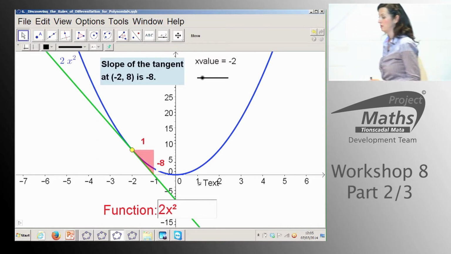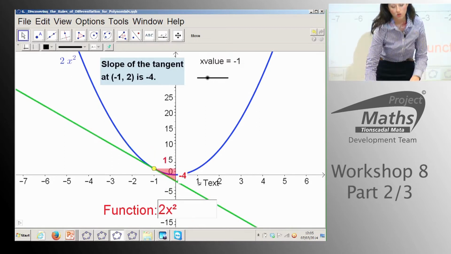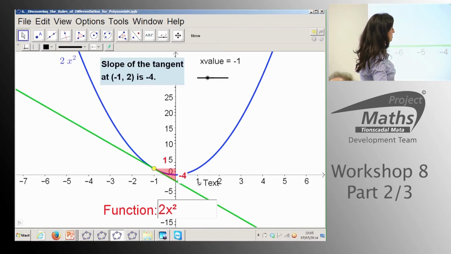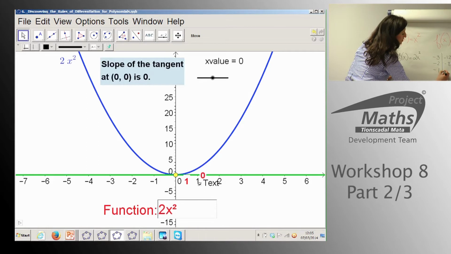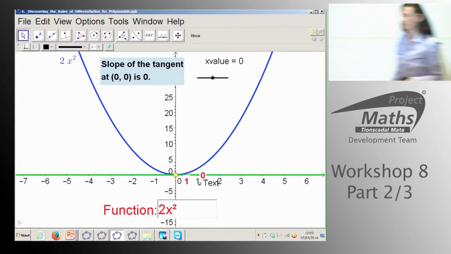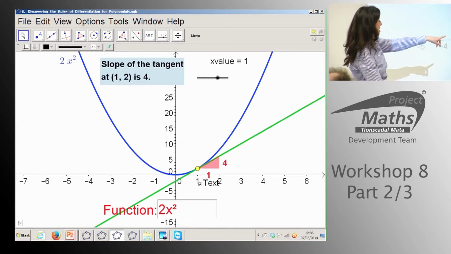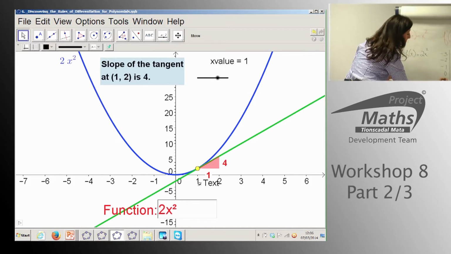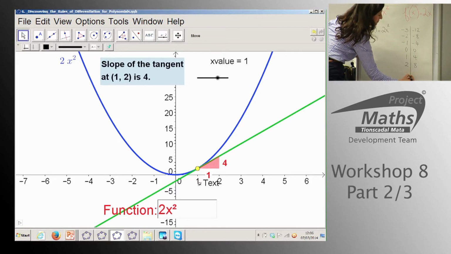Okay. -1 gives me a slope of -4. 0 gives me a slope of 0. Doesn't this make it much easier for continuing on? So at the point x equals 1, my slope is 4. And at the point 2, my slope will be 8, and so on.